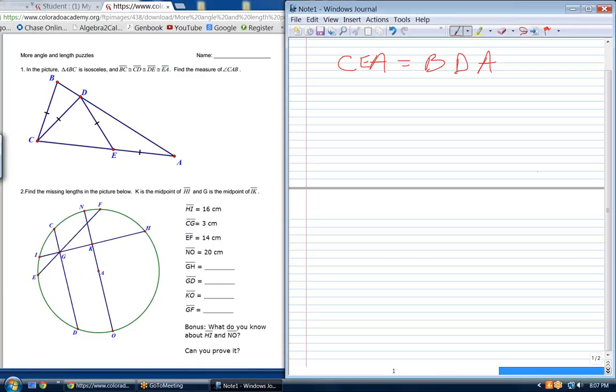And we also know, this is definitely a puzzle. Well, let's see. Let's start with the isosceles triangle on the left.